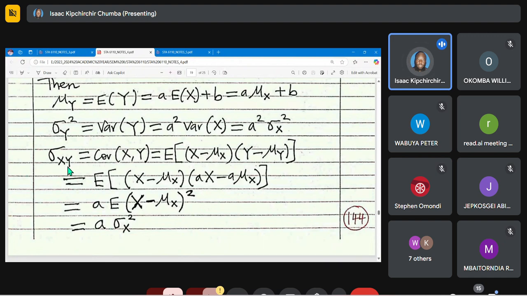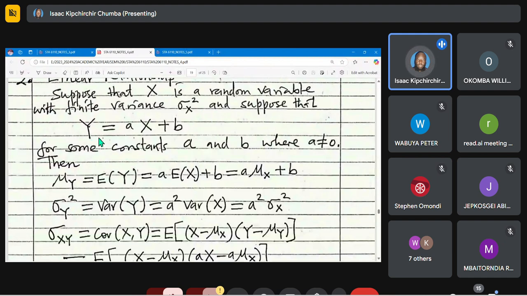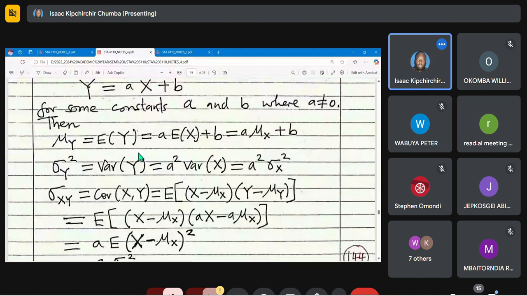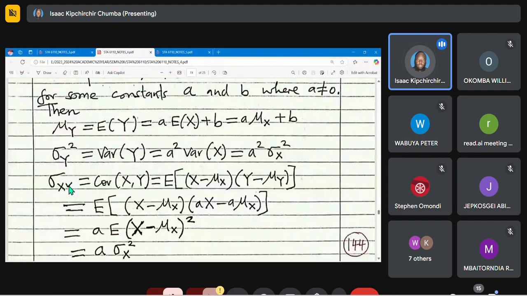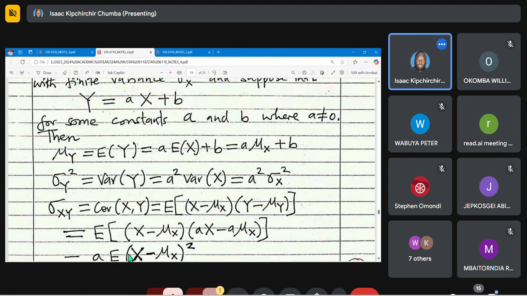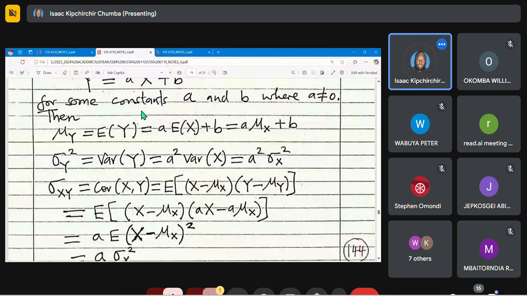So the covariance between x and y, when y is a linear function of x, is actually a times the variance of x.